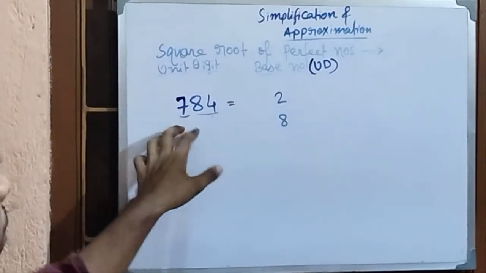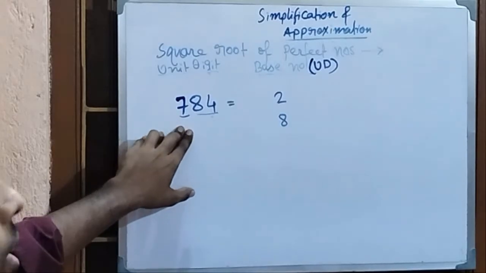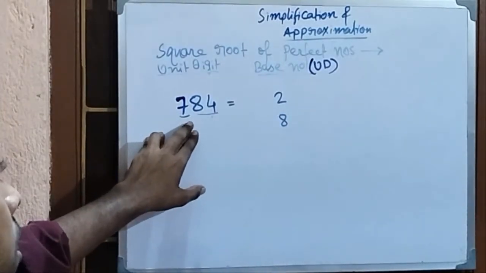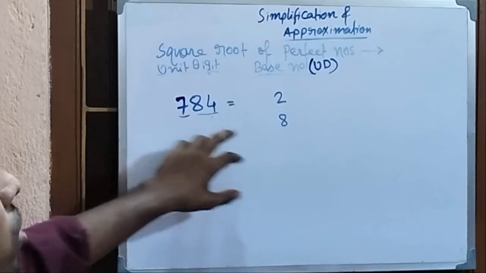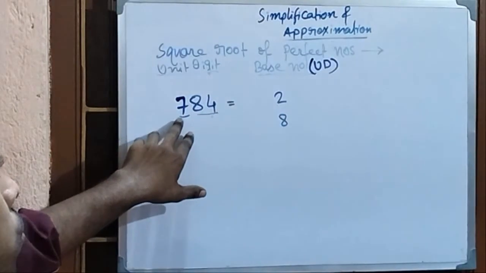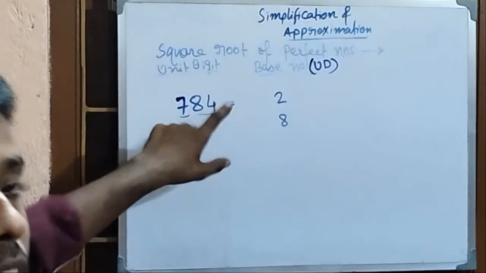Suppose here it comes as 2 square 4 and 3 square 9. One can say that 3 square 9 is close to 7, so 3 should be written here. No, you should not do this. The number which is close to this and less than it, that should be written down here.